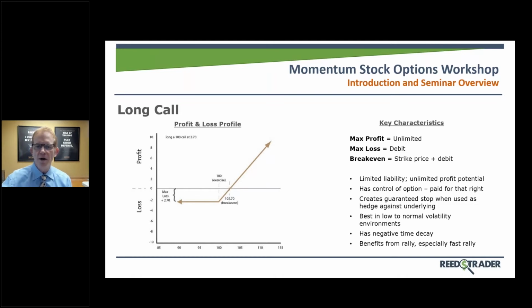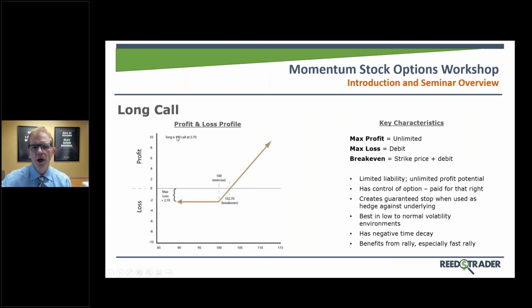So we had this graph where we showed as time went by, the option became worth less and less. That's what's happening. So options decay every day that goes by. Long calls will benefit from a rally, especially a fast rally. So we'll be talking about this on Monday because this relates to why the strategy works well on REIT stocks and on momentum stocks.